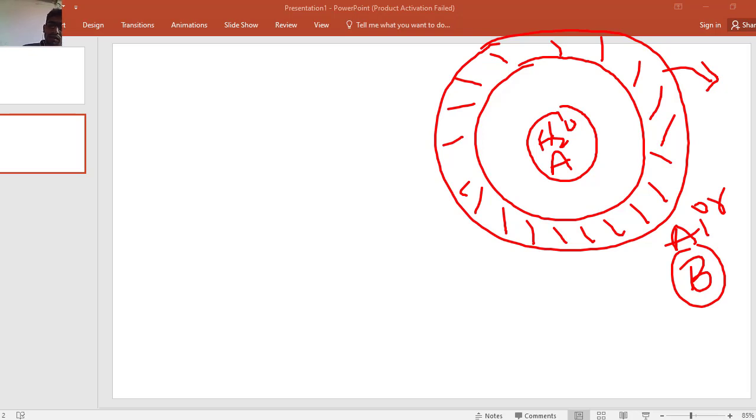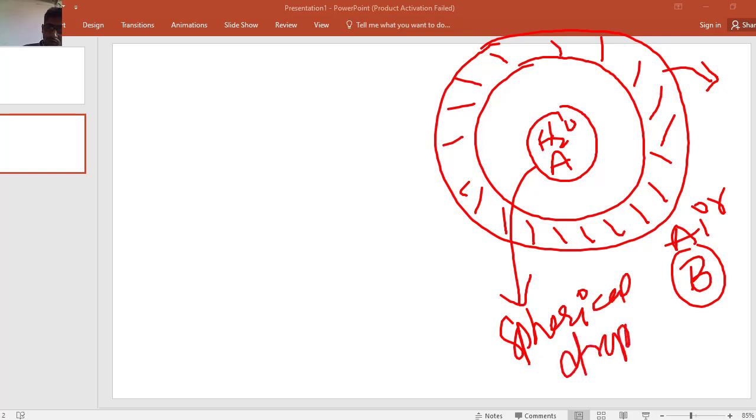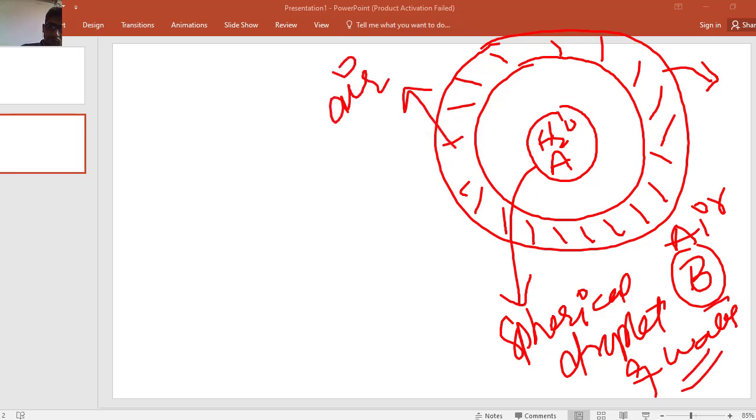And this is the spherical droplet of water, and this is the air. The thickness of this stationary layer is denoted by R. The water vapor is evaporating and diffusing into the stationary layer.